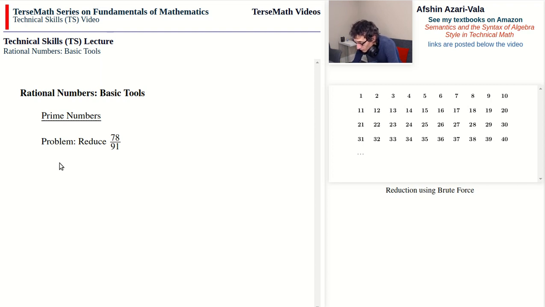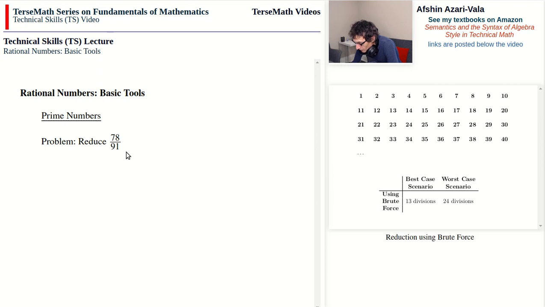But this is a lot of divisions. If you think about it, in the best case scenario, which is the case when the top is not divisible by any of these numbers, like let's say, now I know that 78 is divisible by 2, but let's say I had a different number on top. Let's say I had 51, and 2 doesn't work for the top, and I don't have to try 2 for the bottom.